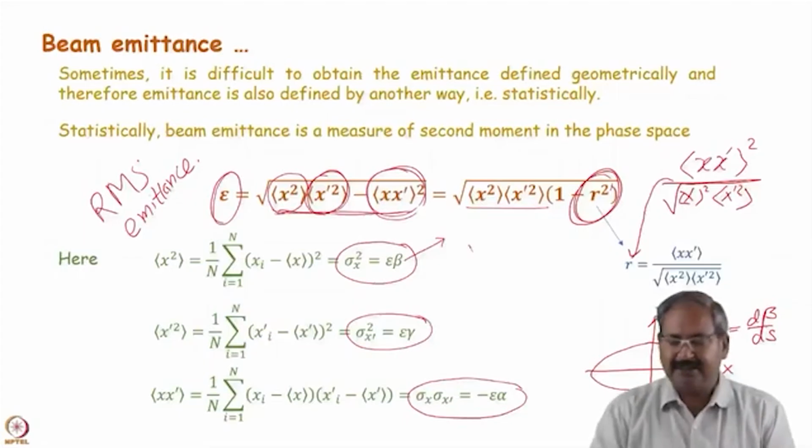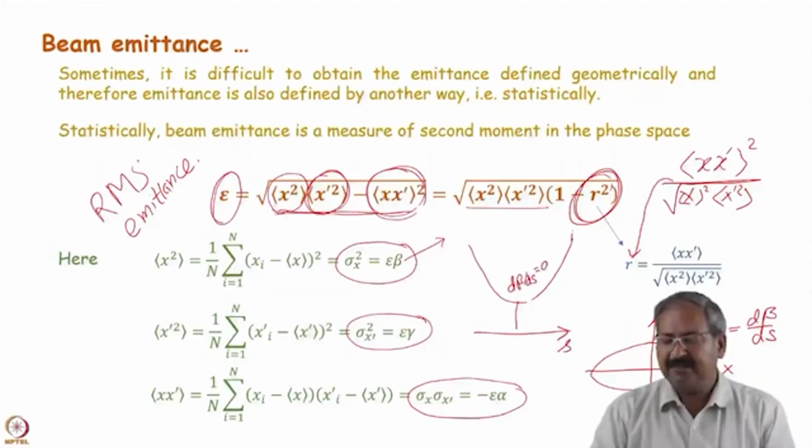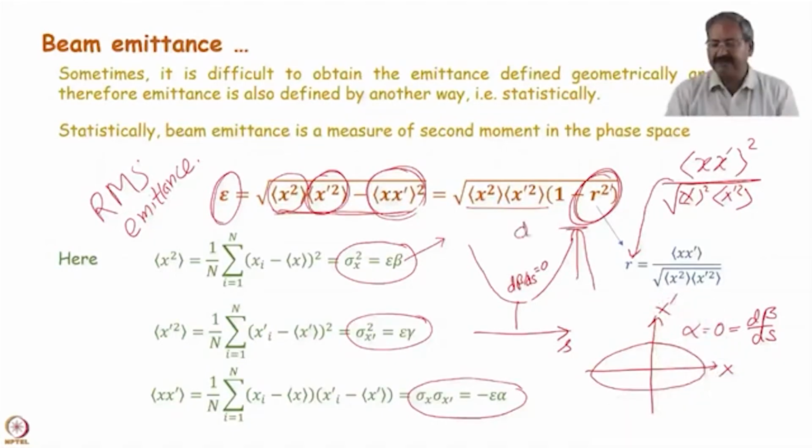Either beta is like this, so here is the minimum, so you will get d beta by ds 0 here, or it may have a maximum like this, so here again you will have d beta by ds 0. So at the location of maxima and minima, alpha becomes 0, and the ellipse major axis and minor axis coincide with the coordinate axes.